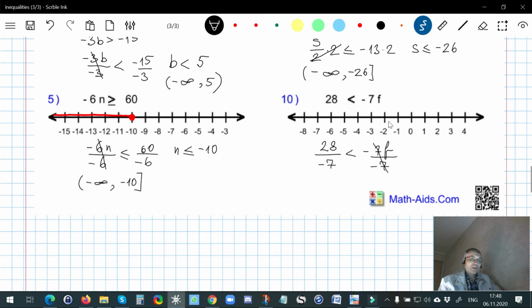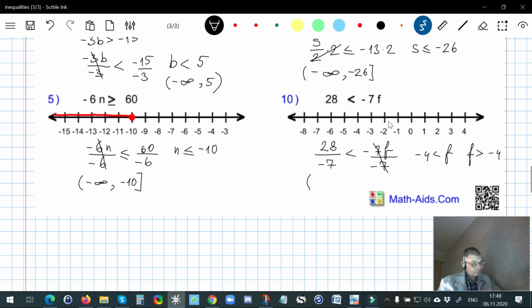Negative 7 cancels, which gives me negative 4 is less than f, but I rewrite it again, f is greater than negative 4. This is my set builder notation.